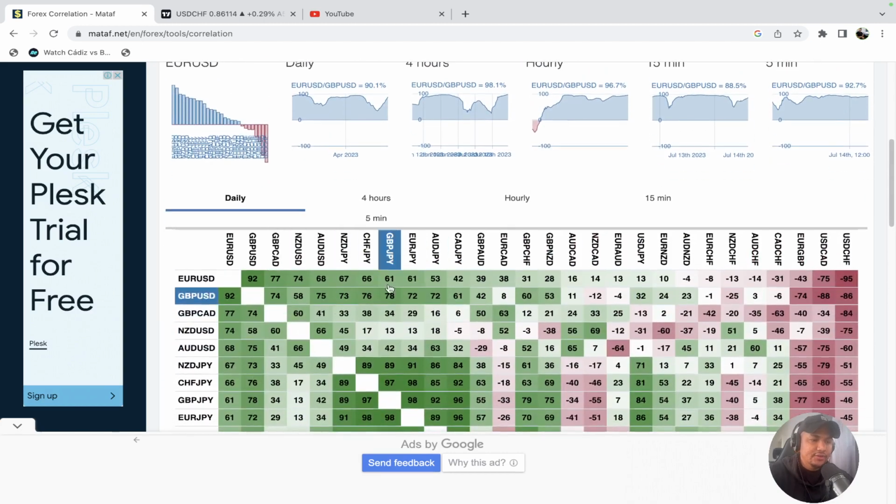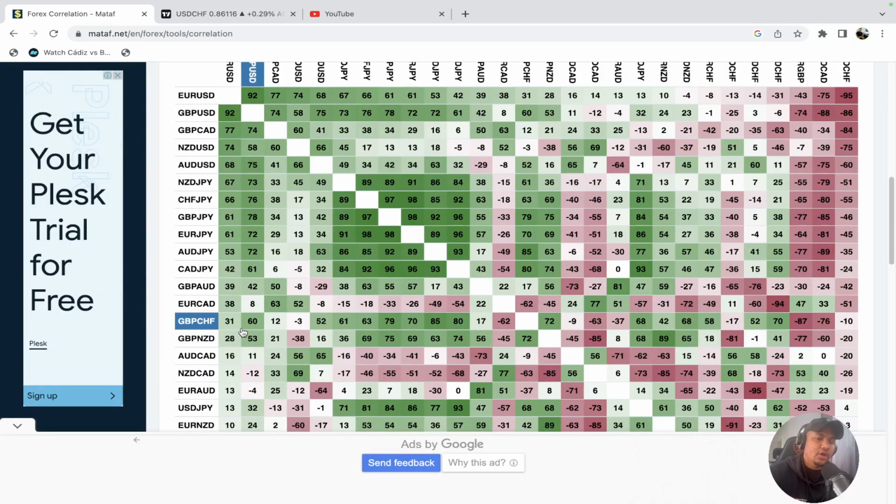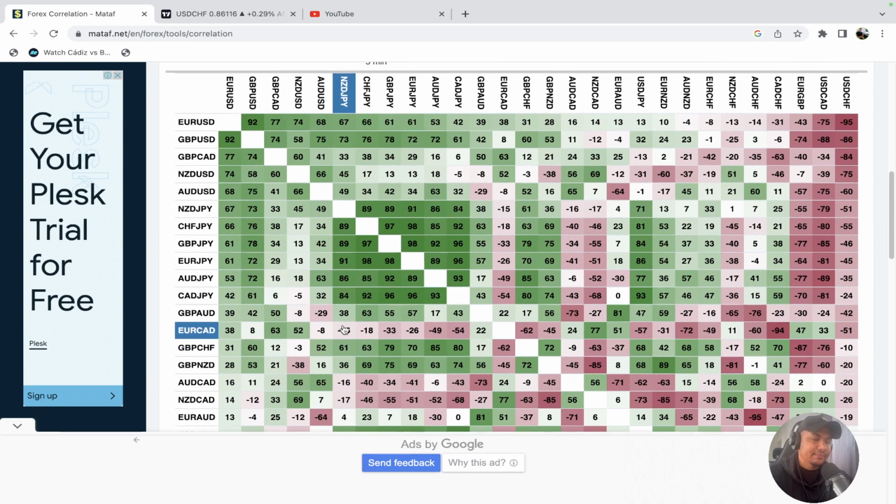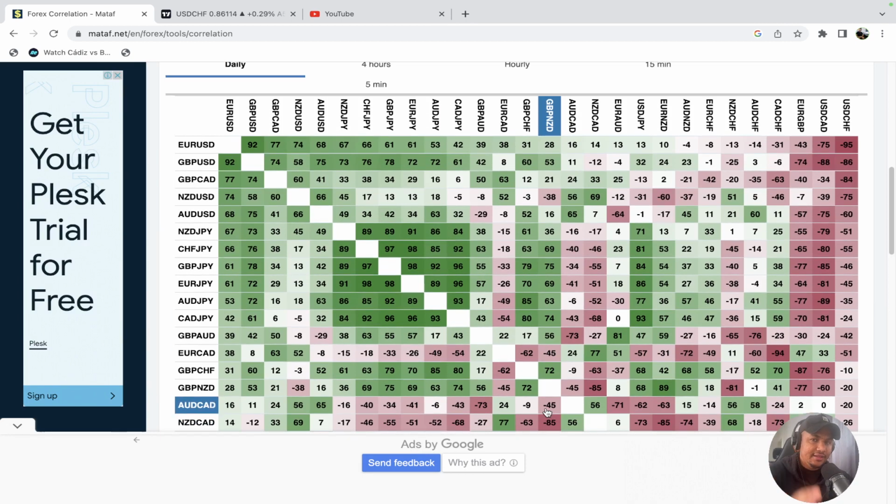Now you can use this website. It's a very good tool to utilize in your trading, especially if you are one of the people that like to trade multiple pairs and you trade them all in the same direction, or you sometimes don't know if you should buy or not buy all of these in the same direction. Always come and have a look at this chart first.